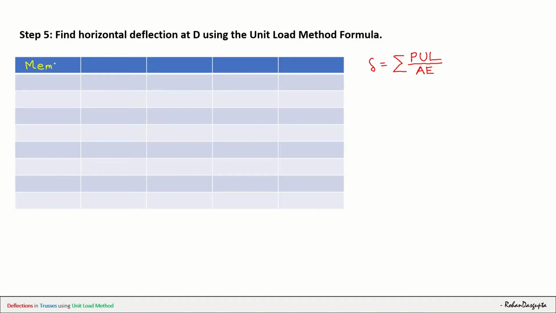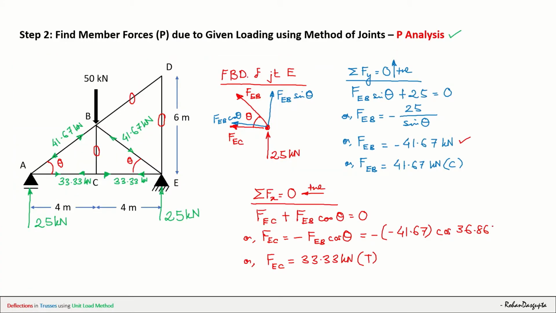So let us try filling this table now member by member. Here I will write in the first column as member, then I will take P, U, length, and finally I will do the multiplication P into U into L. So now we will have to go member by member. Let me write down the names of all the members, taking help of this P analysis figure.